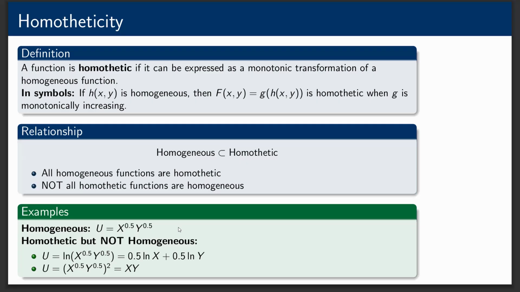But is this homothetic function a homogeneous function? No, you cannot factor out. Suppose in place of x you take lambda x, in place of y you take lambda y. The answer will be 0.5 into ln lambda x plus 0.5 into ln lambda y. Now lambda cannot be taken outside the function, so it cannot be a homogeneous function. So all homogeneous functions will be homothetic functions, but the reverse will not be true.